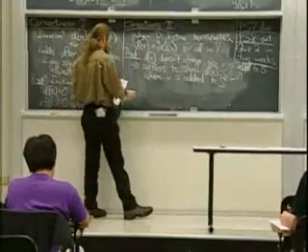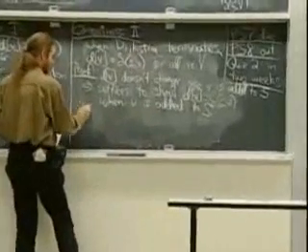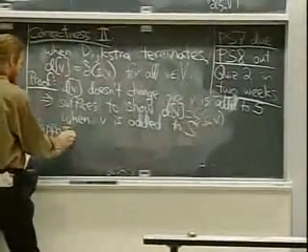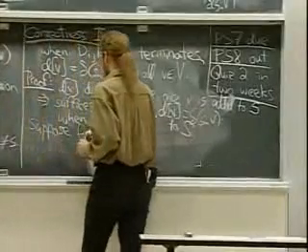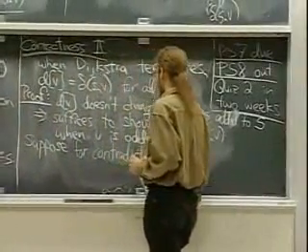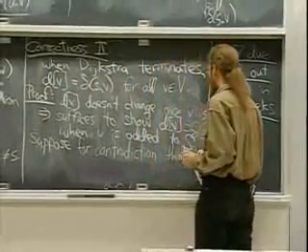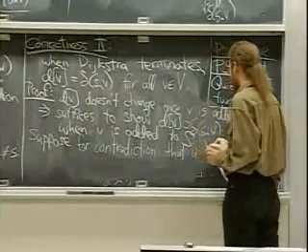Well, suppose it isn't true. So this will be proof by contradiction. Suppose, for contradiction, that this fails to hold, and let's look at the first failure.